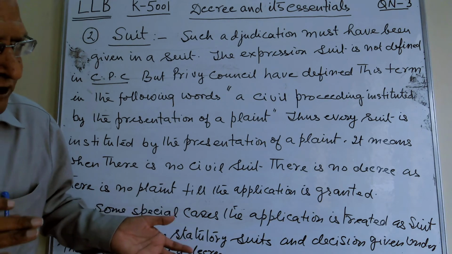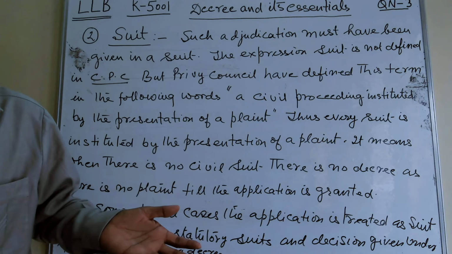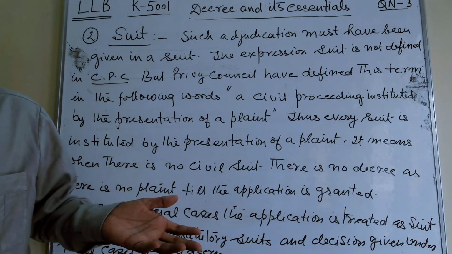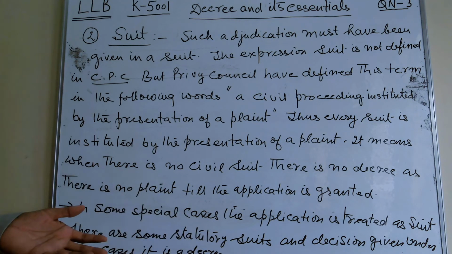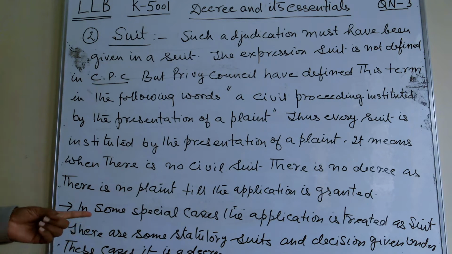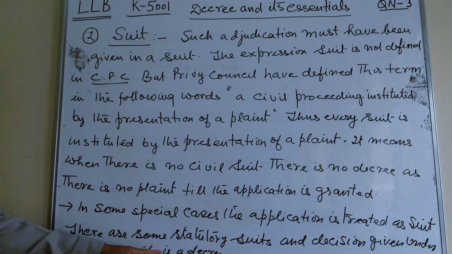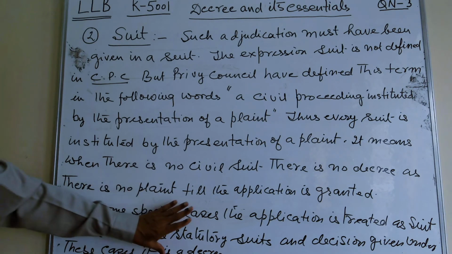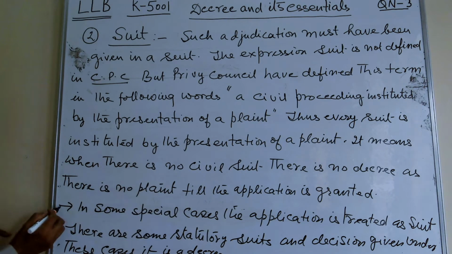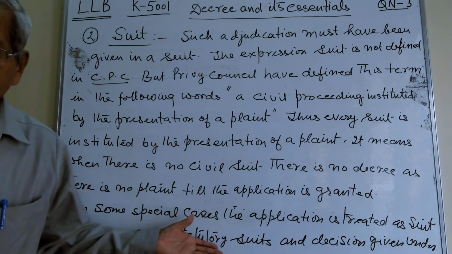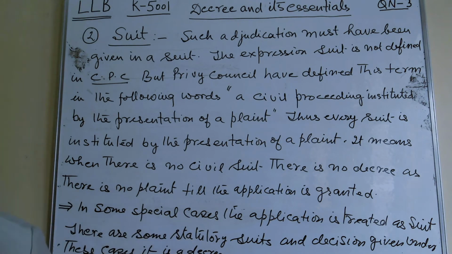The decision of these statutory acts is a decree, because these cases are under an application, and in that case it is a decree. This is the special case in which the application is treated as a suit.